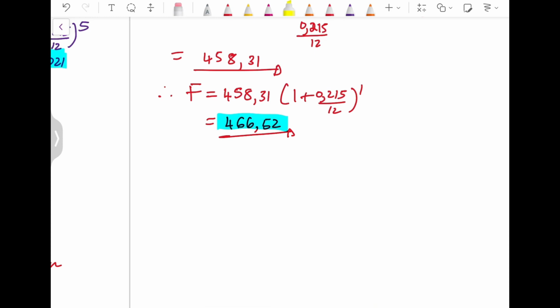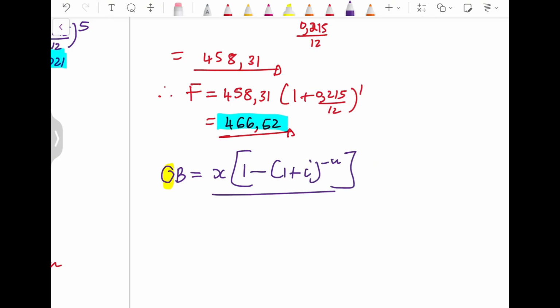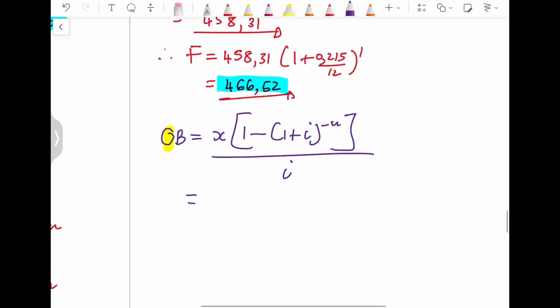After the 9th payment, you just say OB is equal to X into 1 minus (1 plus i) to the exponent negative n divided by i. So our X is 3,300 into 1 minus (1 plus 0,215 over 12) to the exponent negative.